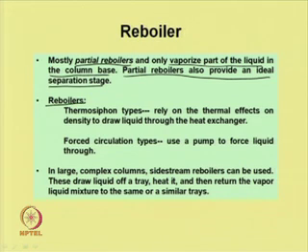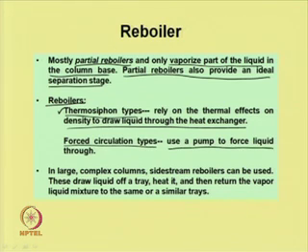The reboilers are of different types. One is the thermosiphon type, which relies on the thermal effects on density to draw liquid through the heat exchanger. Another is the forced circulation type, which uses a pump to force liquid through.